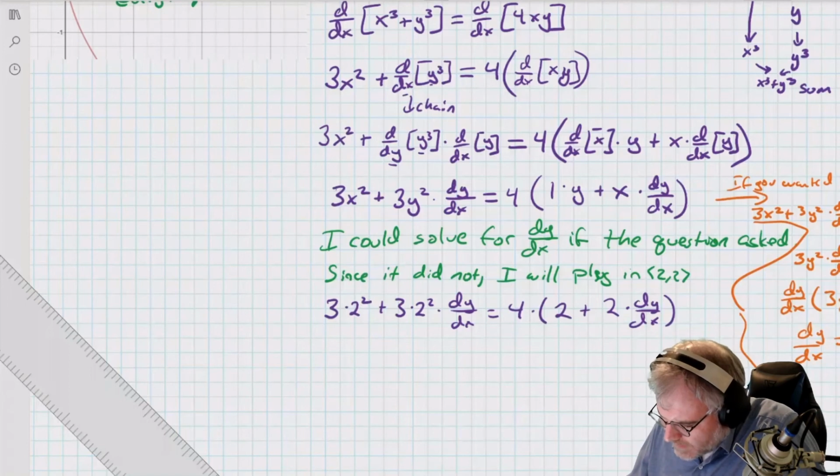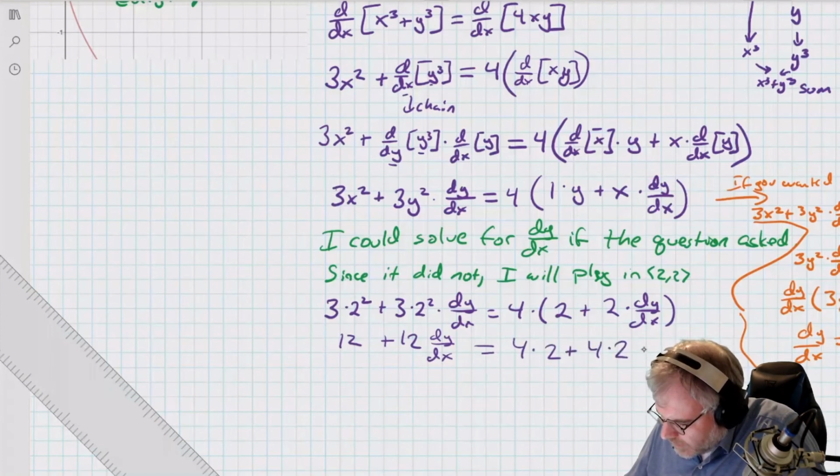So this is 4, that's going to be a 12. That's 4, that's going to be a 12 dy over dx equals 4 times 2 plus 4 times 2 dy over dx. This becomes, this is an 8. This is an 8.